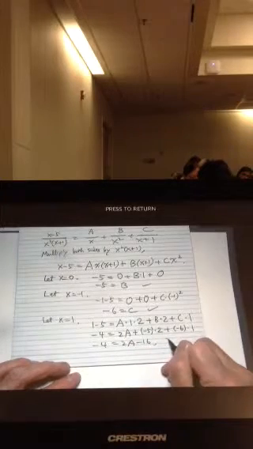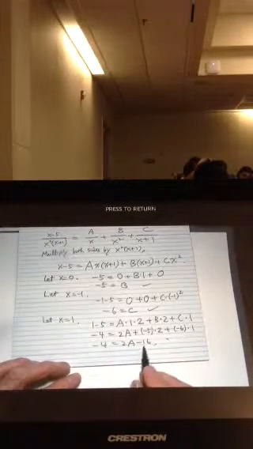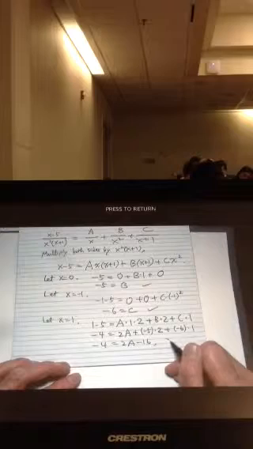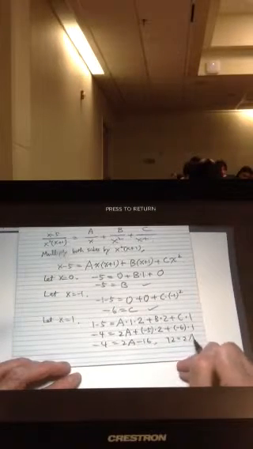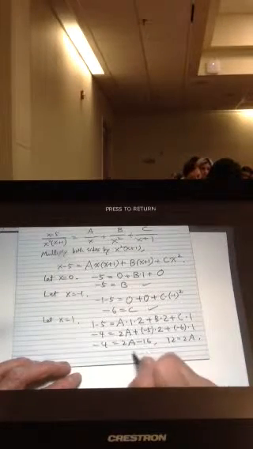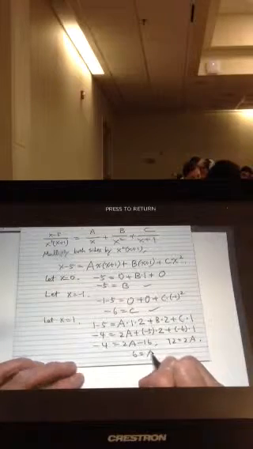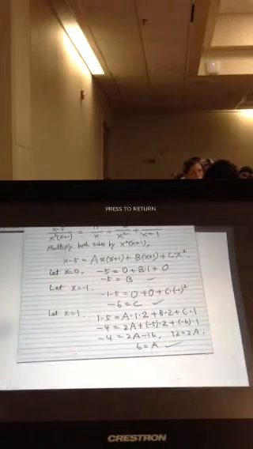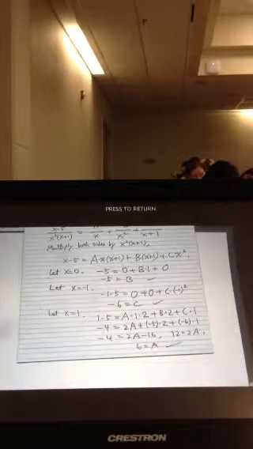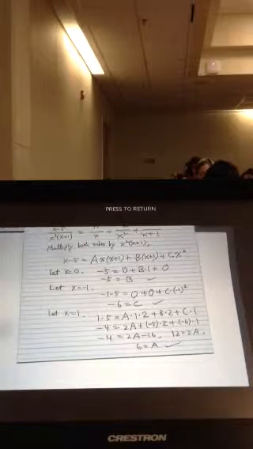So move this here, right? 12 equals 2A. So what is A? A is 6. All right, A is 6.